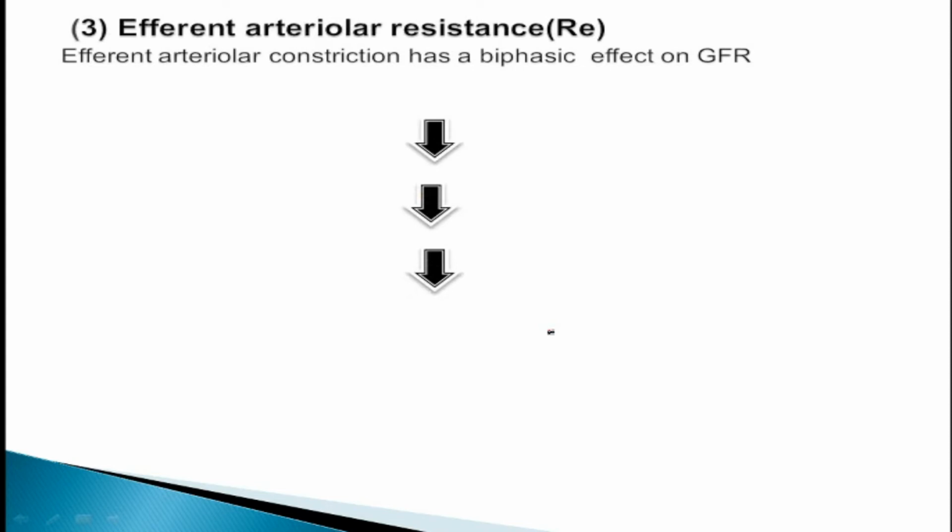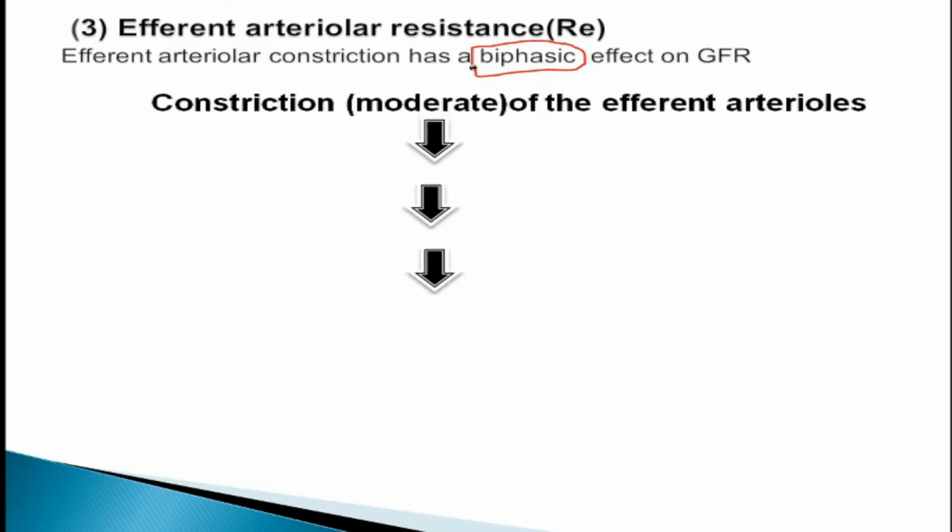Now, the third thing is the efferent arteriolar resistance. Efferent arteriolar resistance is a magician. The efferent arteriole has a biphasic effect. The effect will vary on the basis of the degree of resistance.